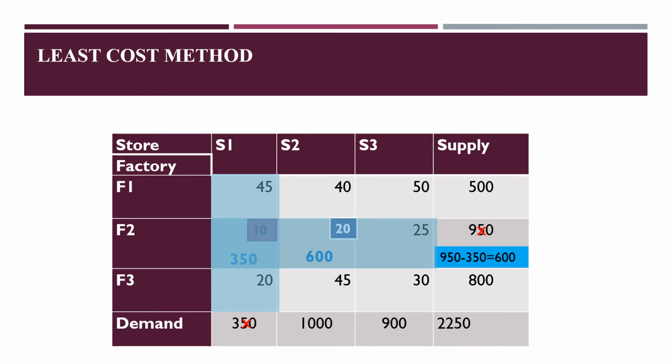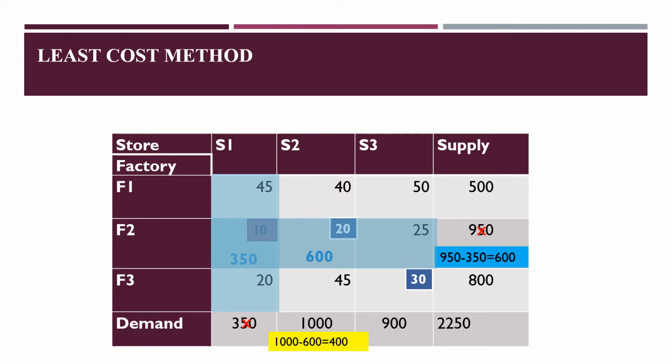Then, out of the remaining 4, what is the next lowest cost? That is 30. Then, how much quantity should we allocate? Here, F3 factory can supply 800 units, but S3 needs 900 units. I always repeat that we should allocate the lowest amount.